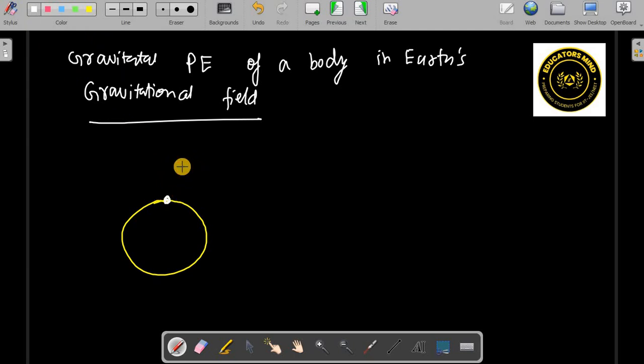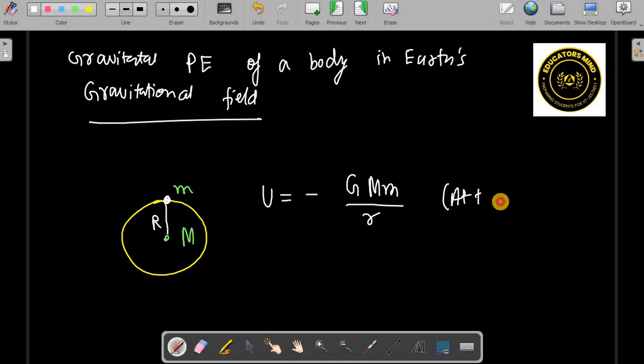This particle has mass m, Earth has mass capital M, and this distance is of course the radius. So on the surface of Earth, the potential energy must be minus G M m by R. Of course this small r is capital R; you have to put this as capital R.